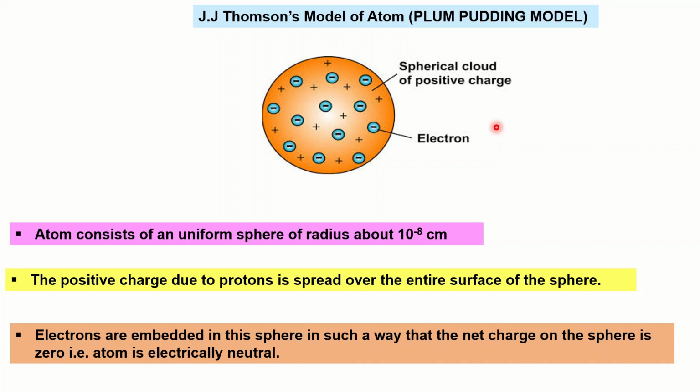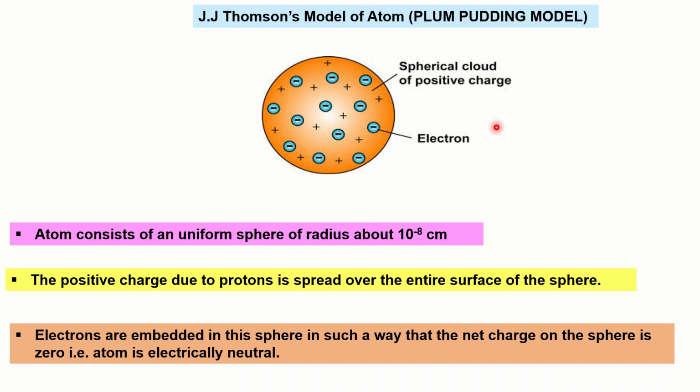This Thomson's model of an atom is also called plum pudding model. This is because the arrangement is just like raisins in pudding. However, this model of an atom did not have any experimental evidence in its support, and it was therefore rejected.